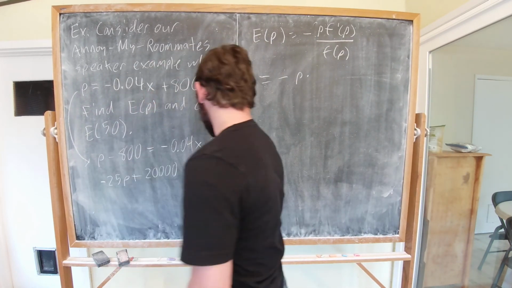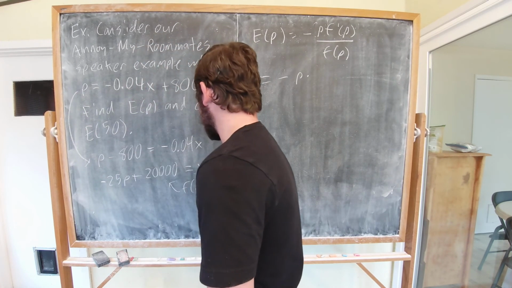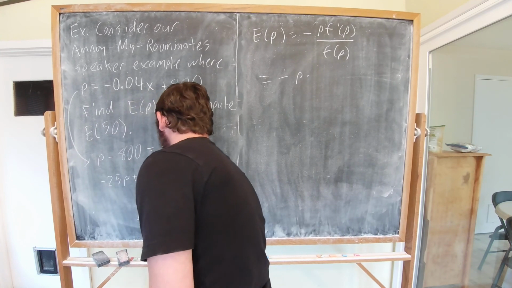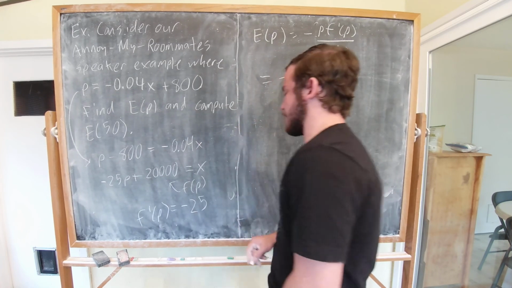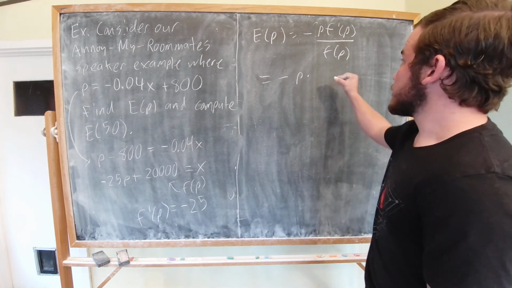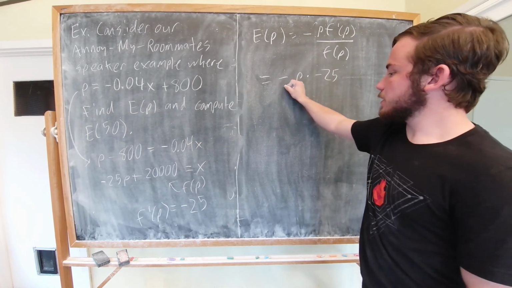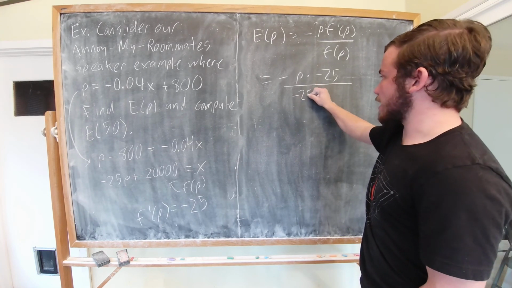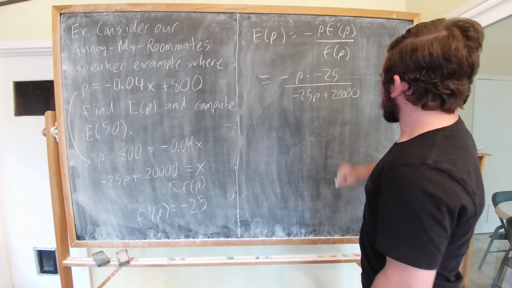So this is f of p. And that tells us that f prime of p is just negative 25. Pretty nice and constant right there. So we have negative p times negative 25, divided by negative 25p plus 20,000.